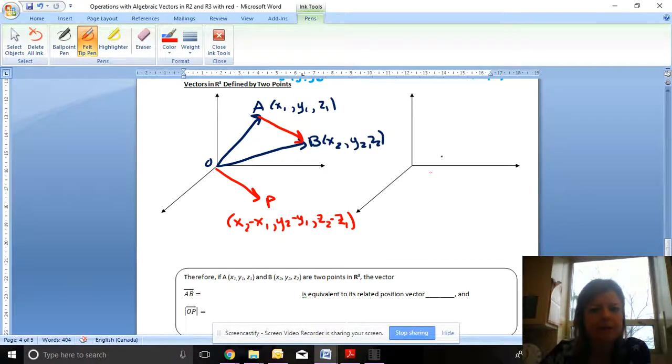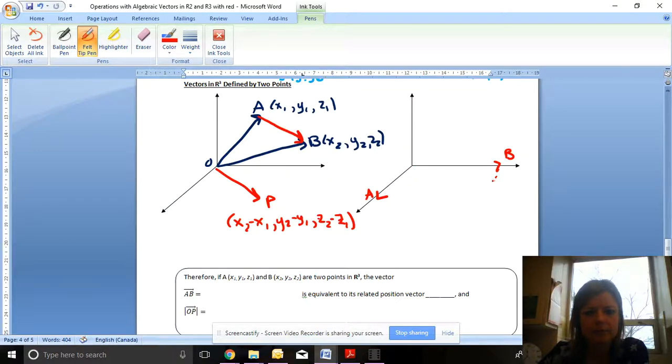Okay, similarly, if you look at the distance of something in 3 space, we're going to create a quick coordinate box here. So this is A, 0, 0. Let's do a B here, 0, B, 0.